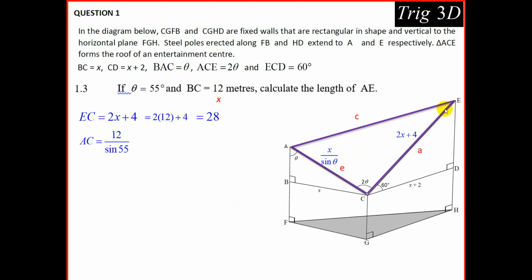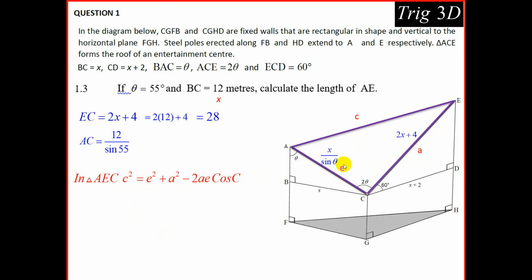Now we're going to use the cosine rule because we have a side, included angle, and a side. So using the cosine rule in triangle AEC, we can say c squared is equal to e squared plus a squared minus 2 a e cos of angle C. So I've written the formula down for you.